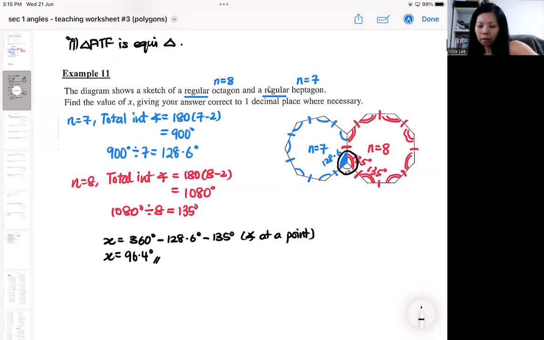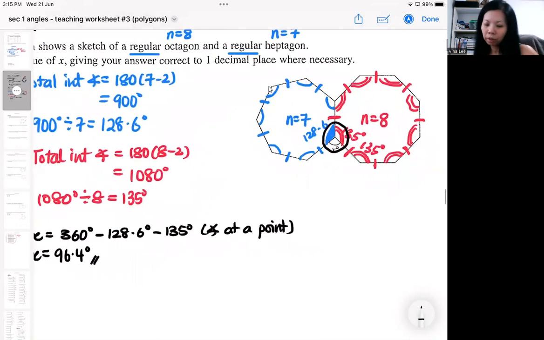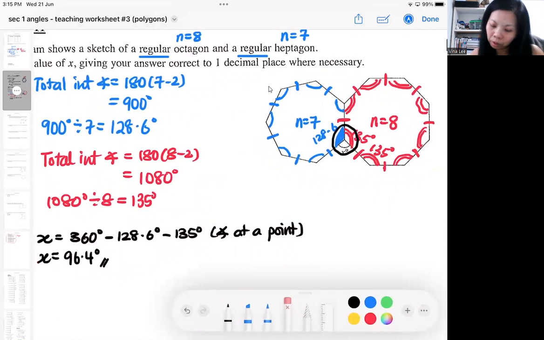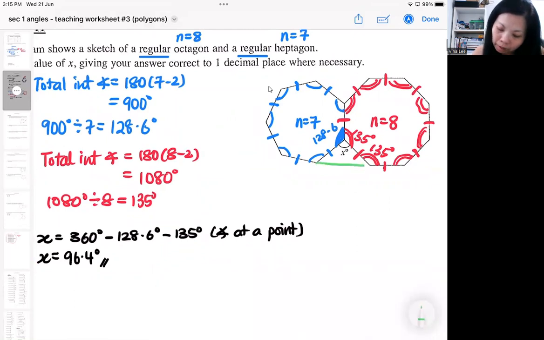Okay, so in some other exam questions, sometimes they actually draw you a line. They connect these 2 points. And they actually ask you for this angle.